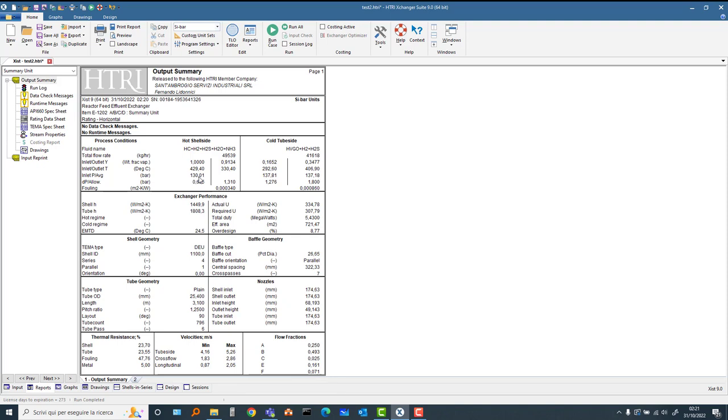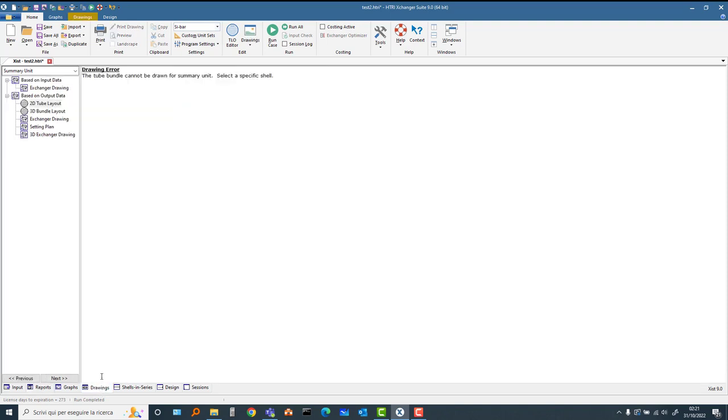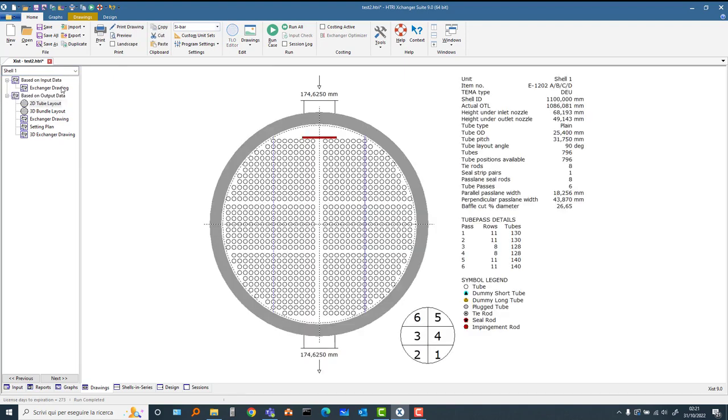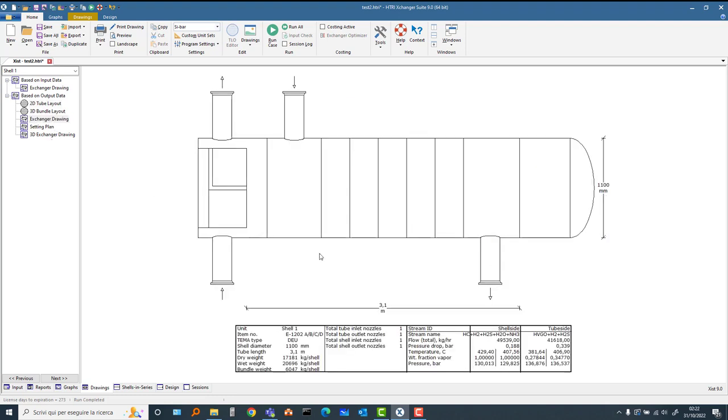Maybe on the shell side we could increase the number of baffles. This is possible because if we look at the drawing of the exchanger, not on the summary unit, but for example shell 1, exchanger drawing.